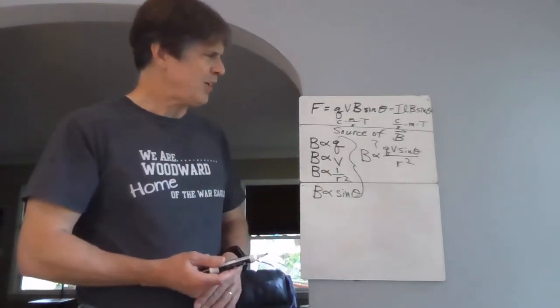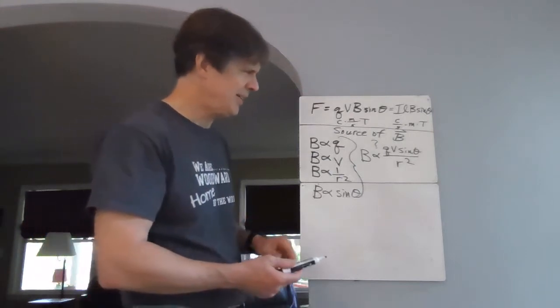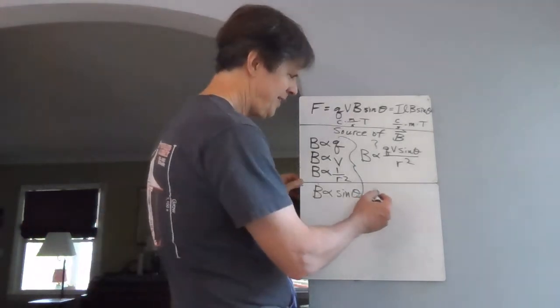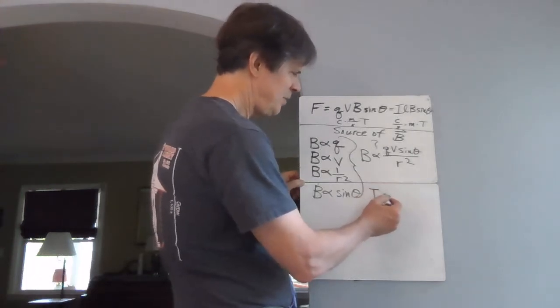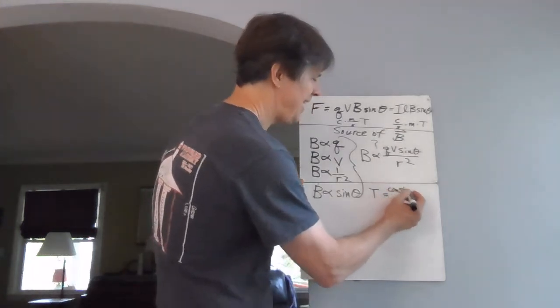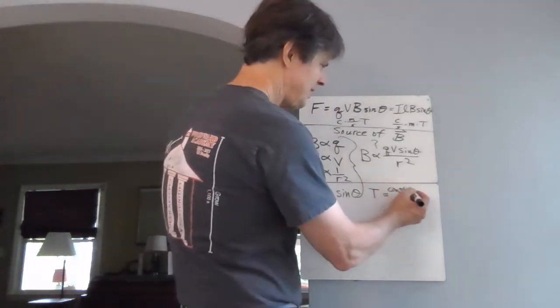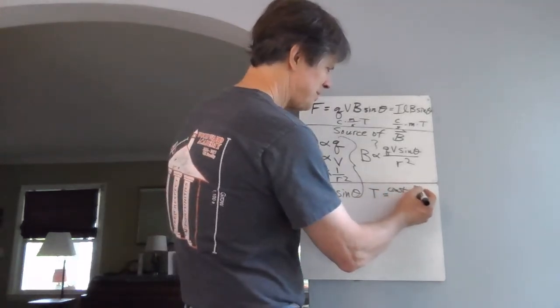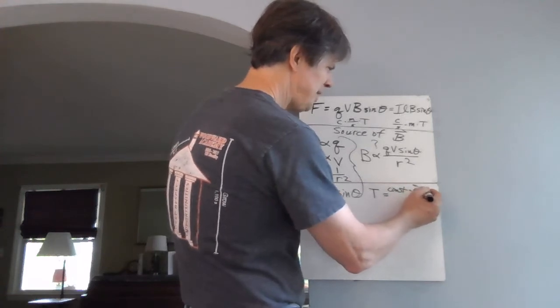Now, you could figure the units of this constant fairly readily. You have to have Tesla on the left, and it's got to equal whatever the constant, I'm going to say just constant. I'm afraid to use a K because we've already used K for something. So equals constant times coulombs times meters per second.